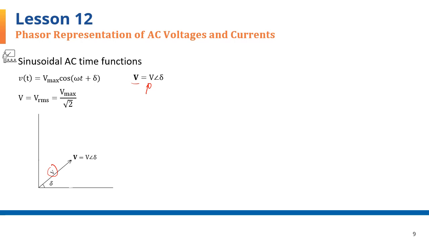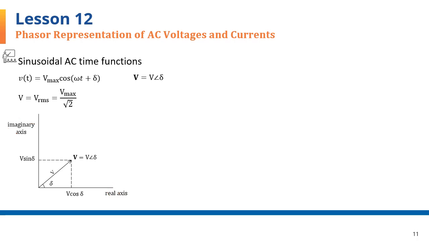We will now convert this Cartesian plane into a complex plane by having the horizontal axis representing the real quantities and the vertical axis representing the imaginary quantities, as shown here. This will enable us to introduce a second way of representing the phasor quantity v as a complex number with a real and imaginary part.